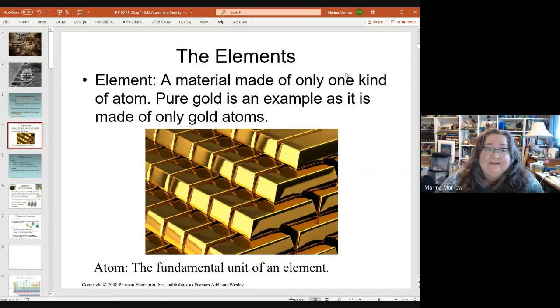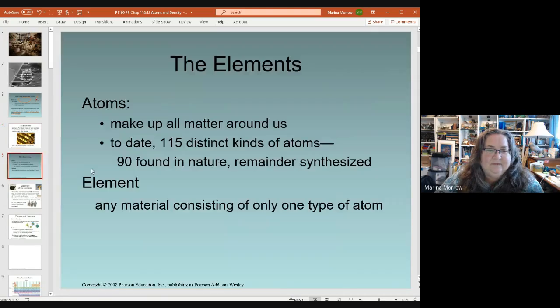Okay, now elements are materials that have only one kind of atom. So pure gold, for instance, has only gold atoms. There are, I need to update this, 118 types of atoms that are now named. 90 are found in nature, and the remainder are synthesized.